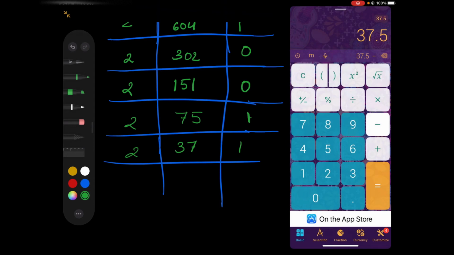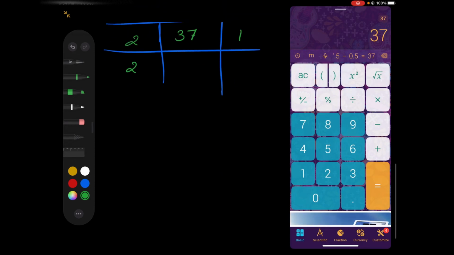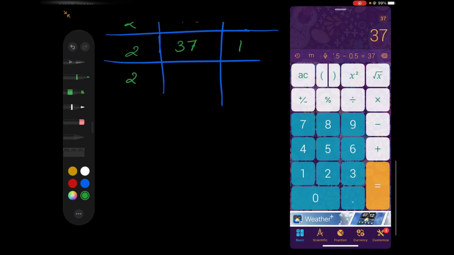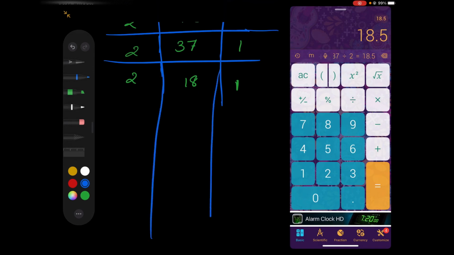Now we are going to subtract again 0.5, and here again we are going to divide this by 2. So here we have this. So I am going to again extend this table.